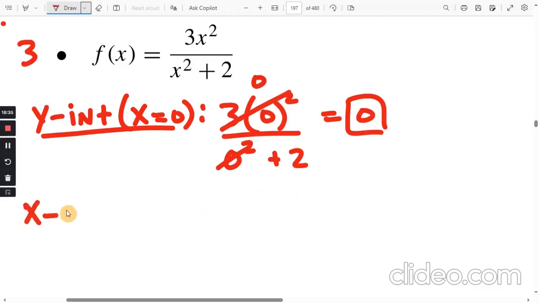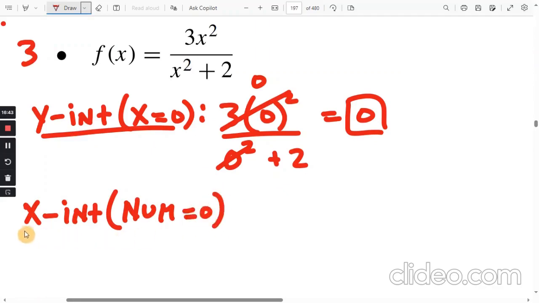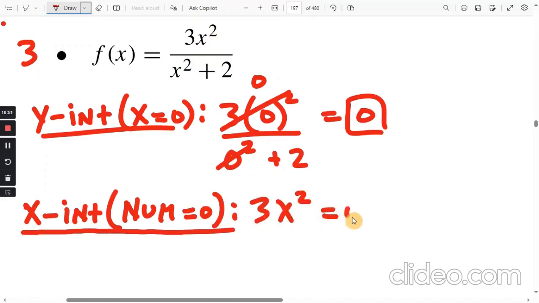For the x-intercept, we set the numerator equal to 0. All right, 3x squared equals 0. And here we have x times 3. The opposite of times 3 is divided by 3. The 3's cancel, and 0 over 3 is just 0.